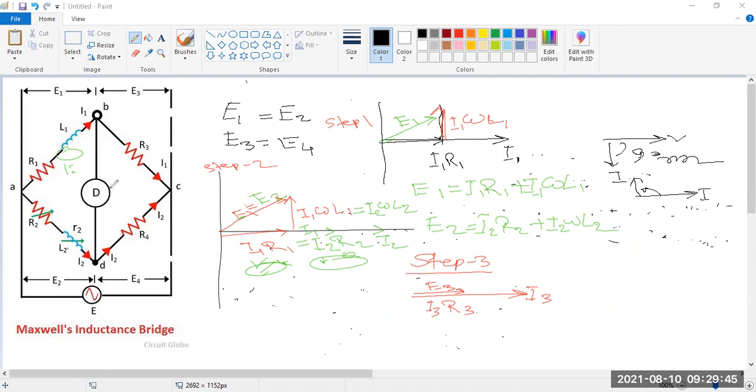So this circuit became a series connection. So I3 is just I1, or here you can see there is no I3, only I1 is written, because this is a series circuit.